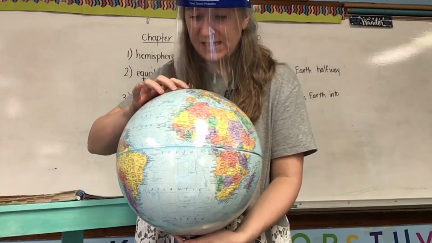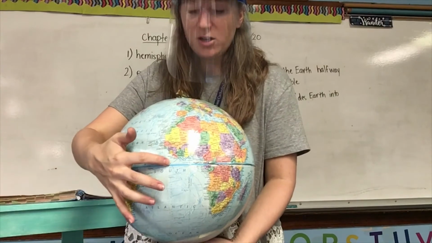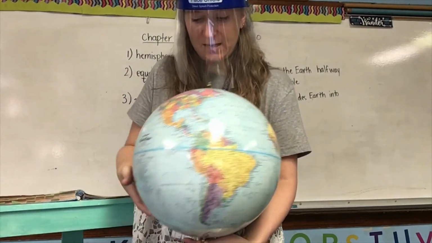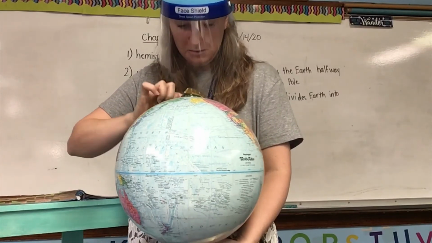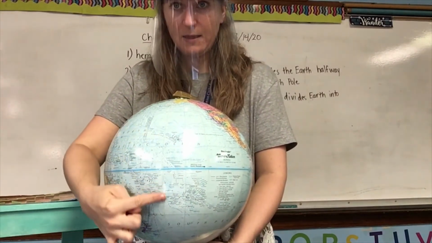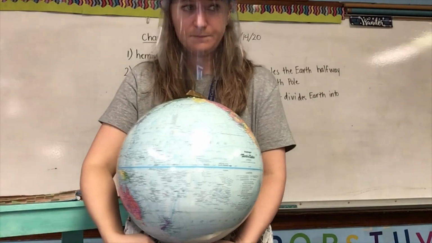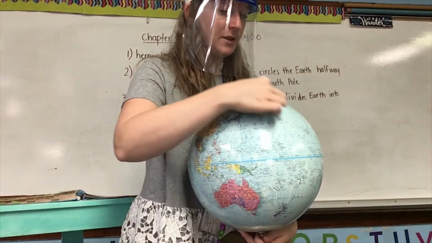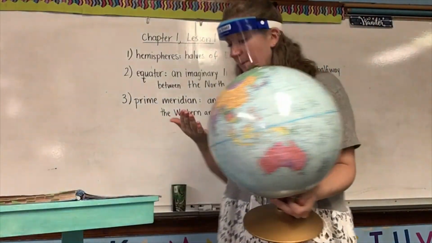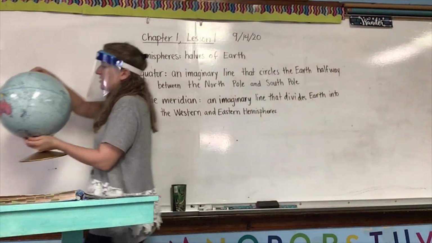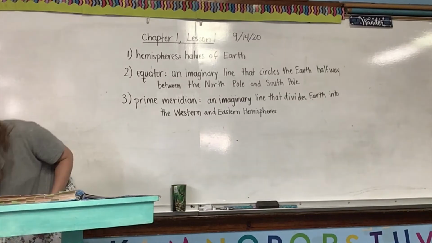You cannot really see it as well. You just have to find it. And then it comes back up the other side. So it goes up and down, and it separates Earth into the eastern and western hemispheres.